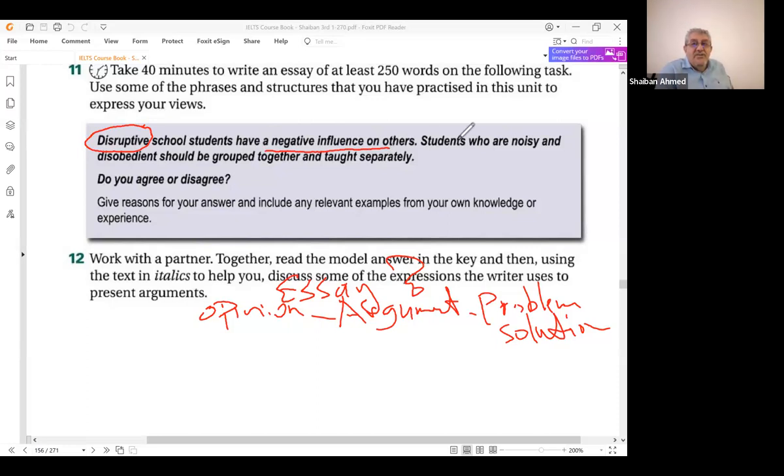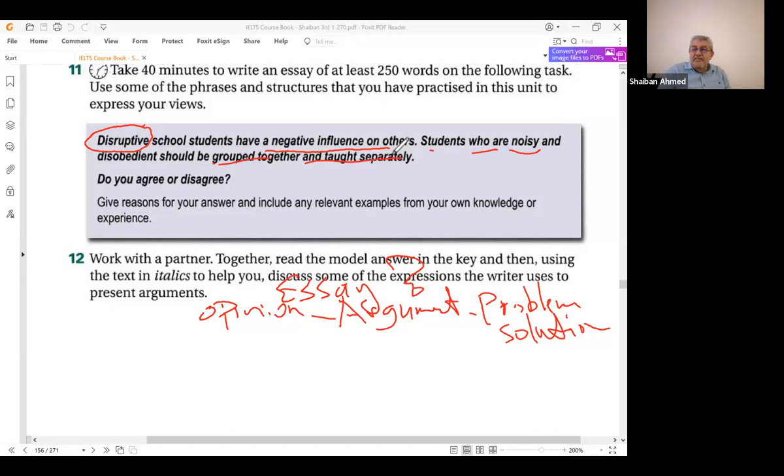Students who are noisy and disobedient should be grouped together and taught separately. Select them, okay, like the school of naughty, we say. You just select them, put them in one class, and teach them separately. Agree or disagree.